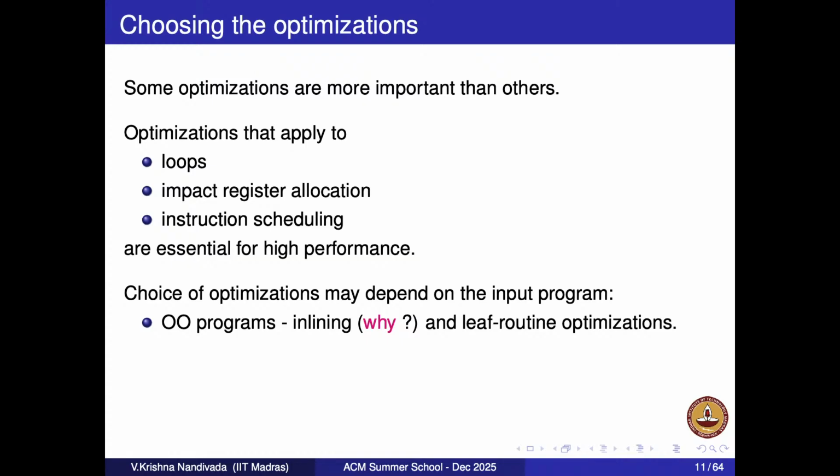Compared to a language like C, all field accesses are going through getters or setters. If I inline all the getters and all the setters, what's the advantage? I'm avoiding function calls, and mostly my code size is not increasing by much, right?